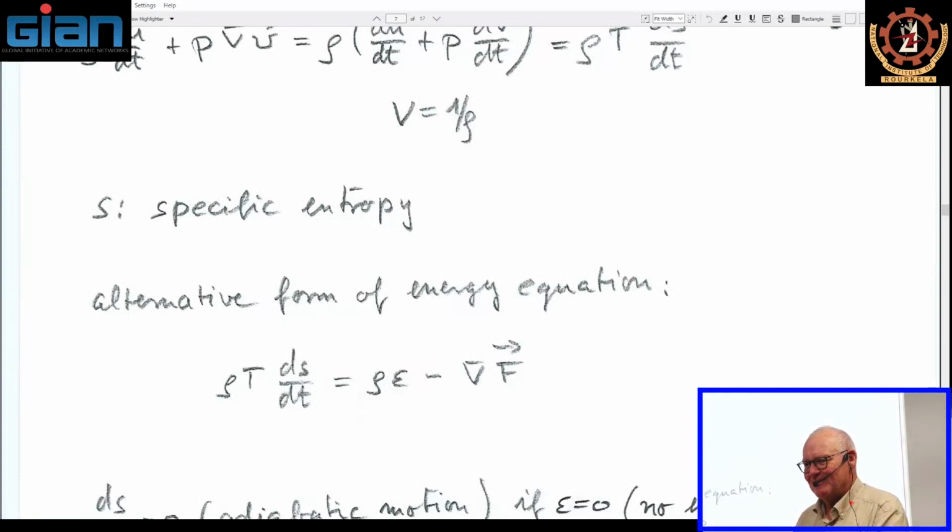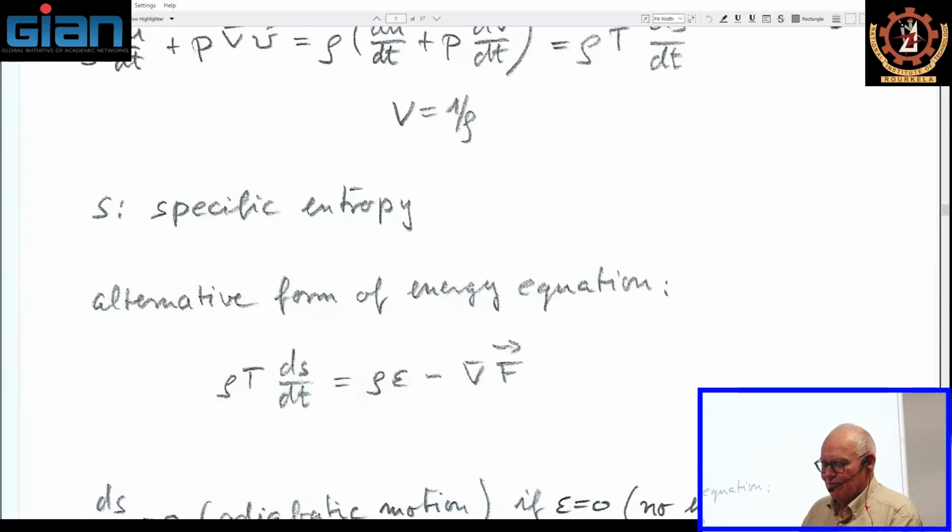What do you need for that? No heat exchange. The heat exchange must take much longer than the time the element needs to travel along the flow. Then the adiabatic approximation is a good approximation.